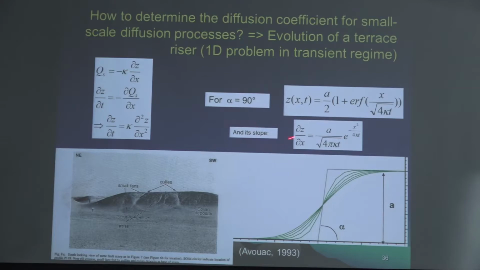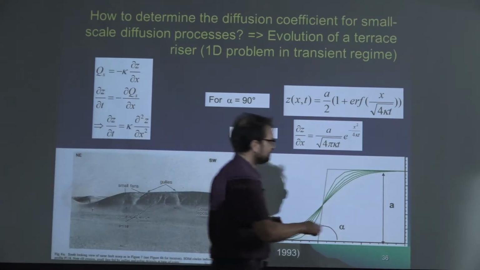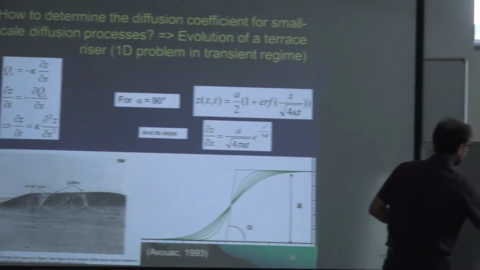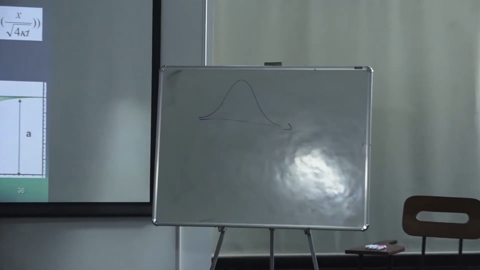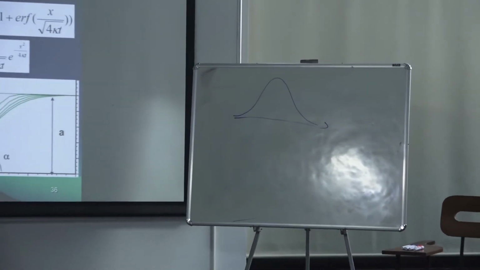And the slope follows a Gaussian function, a nice bell-shaped function.